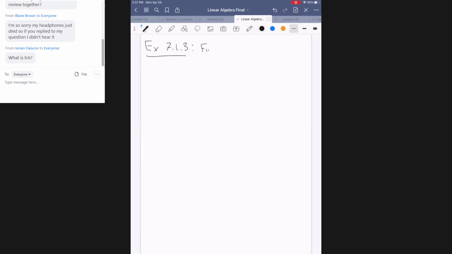Find the eigenbasis for A equal to 2, 1, 0, 0, 2, 0, 0, 0, 2, and the dimension of each eigenspace.